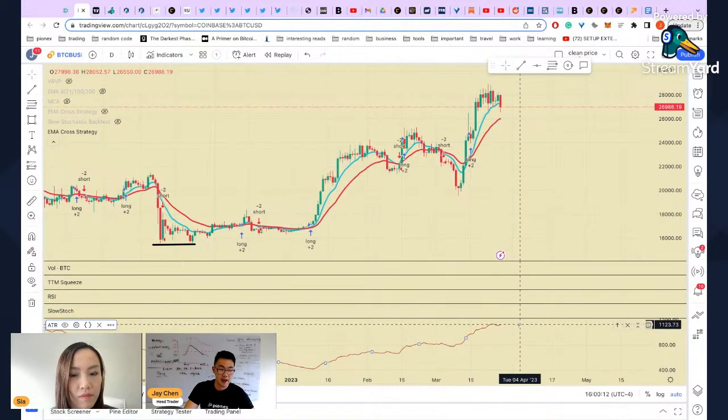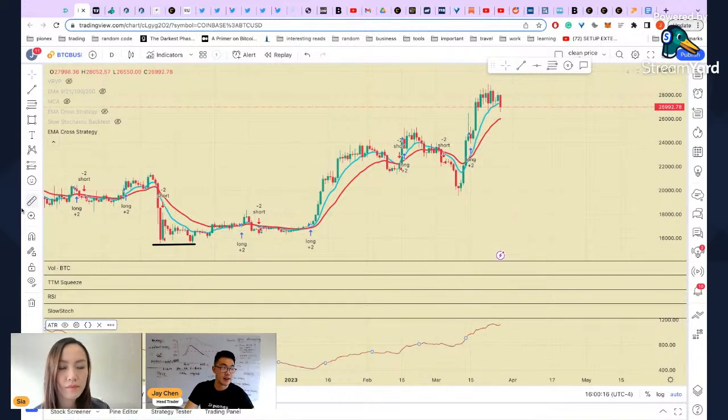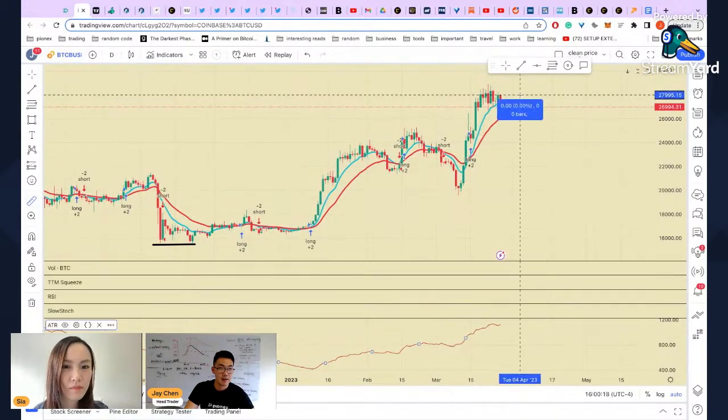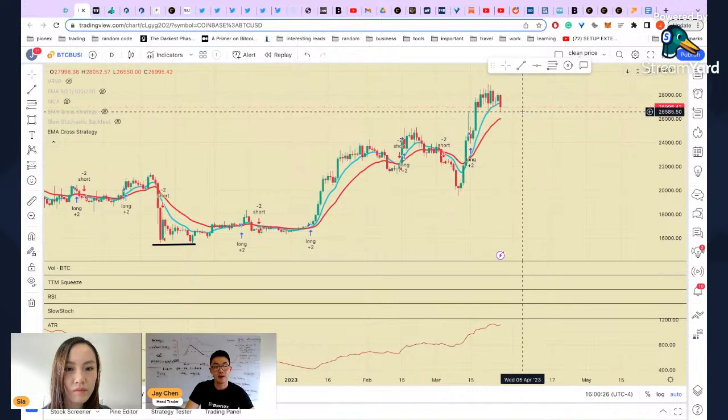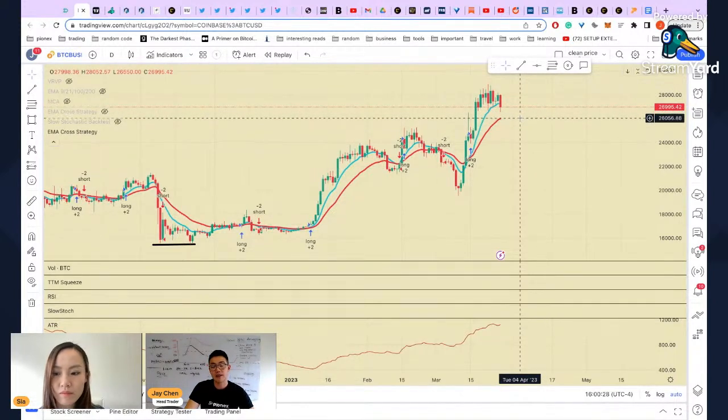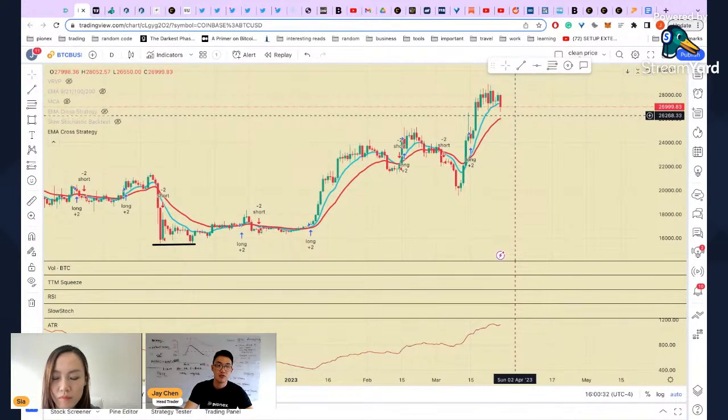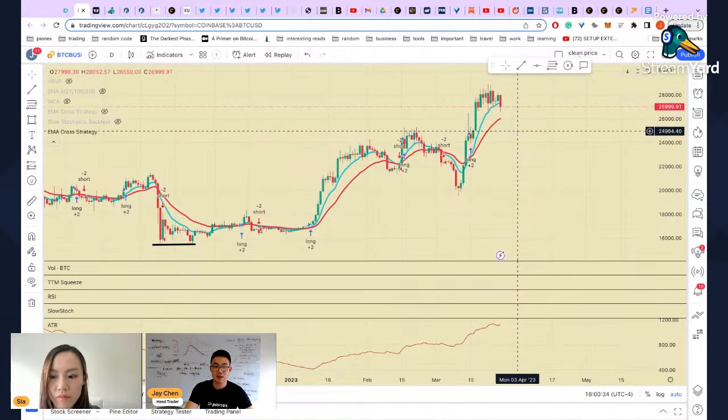It says we have around a $1,123 range, right? And today we already moved 1,374. I don't expect we're gonna continue down. I mean, I do expect we will continue down in the near future. So I'm expecting a pullback to at least 25,000.